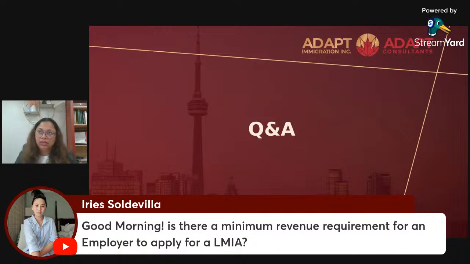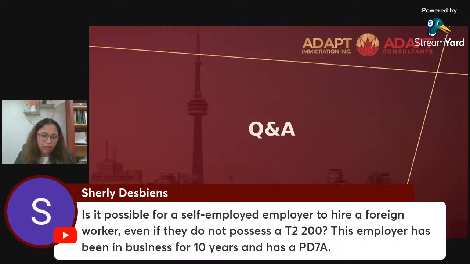That would be at least a minimum of $100,000 to financially sustain a full-time employee at minimum wage and be able to sustain your business. It's not really given anywhere, but it's just an idea of whether or not they can hire a foreign worker.